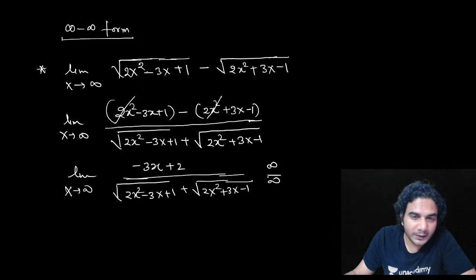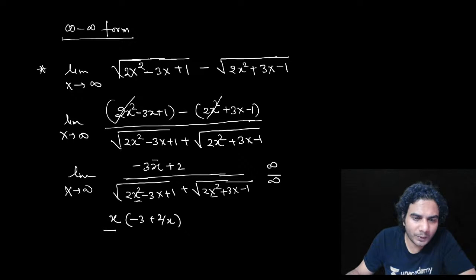Infinity by infinity form. In the infinity by infinity form, as I told you yesterday, you can take the highest degree term from numerator and denominator common. So you can see x is the highest order term here, and from the denominator you need to take x square common from the square root, and outside it will be x only. Okay, so if you take x common, it is going to be minus 3 plus 2 upon x.